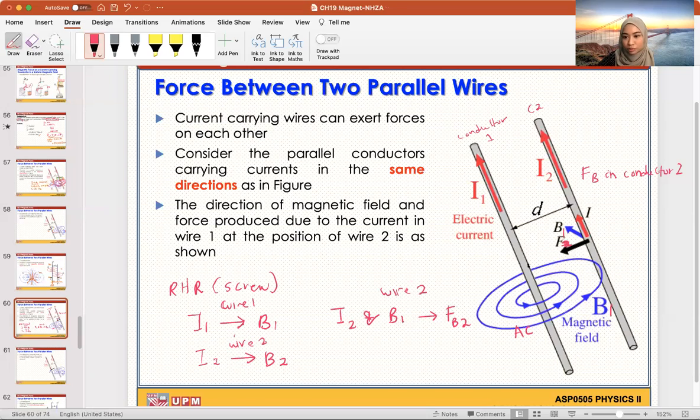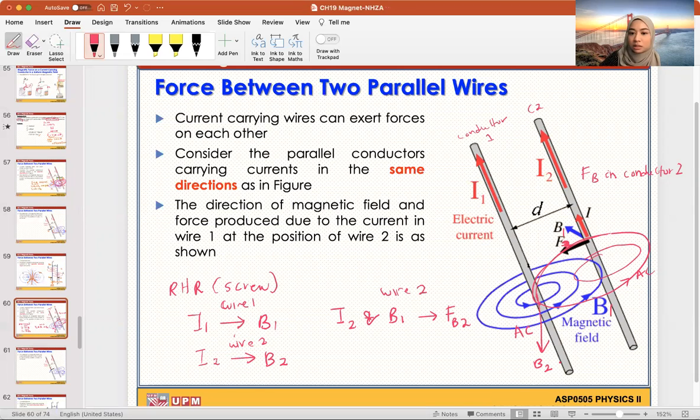I get my B2. Use my right hand rule. Again, same thing, anti-clockwise. Okay, so now it's anti-clockwise, right? So ada effect ke kalau sama? Yes, ada effect juga. So it's anti-clockwise, extended. So anti-clockwise goes this way. So my magnetic field, when it intersects with the conductor number 1, it's going out of the page. So it's B2.